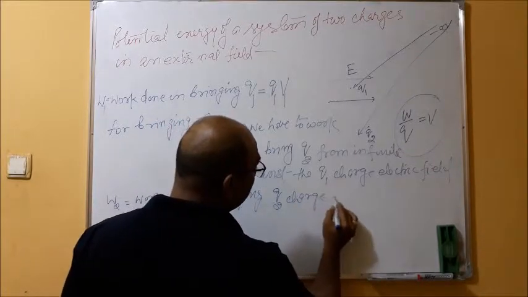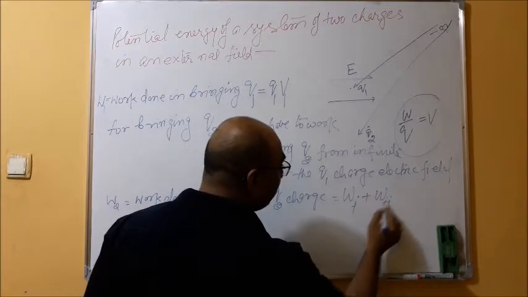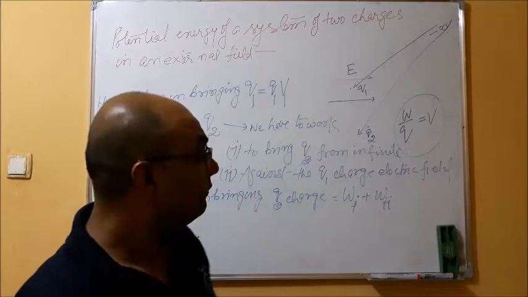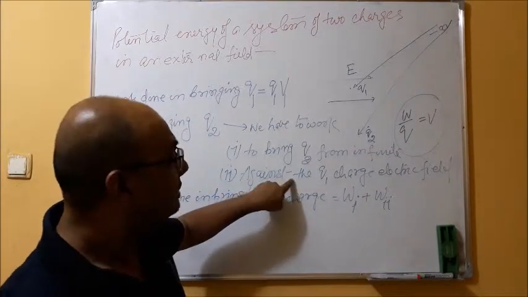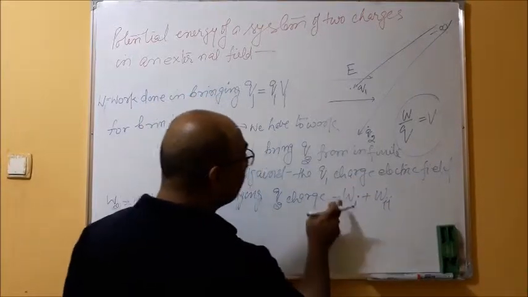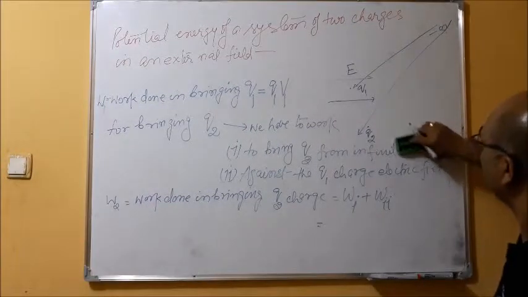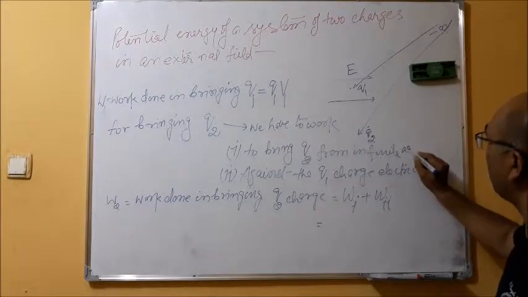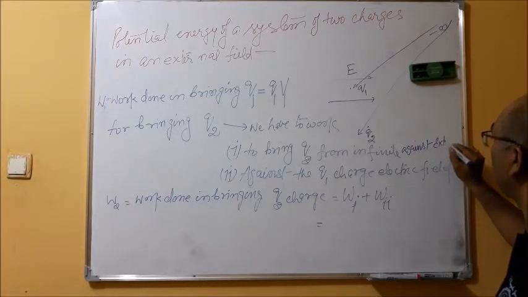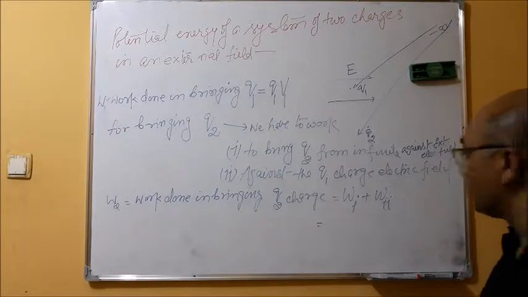W2 means work done to bring Q2 from infinity against the external electric field, and number 2, against the Q1 charge electric field. So what is its value?